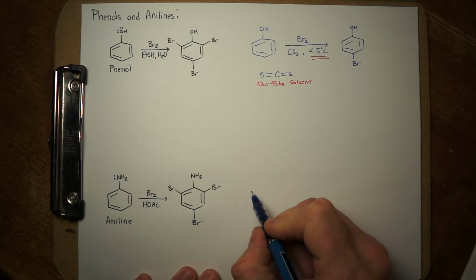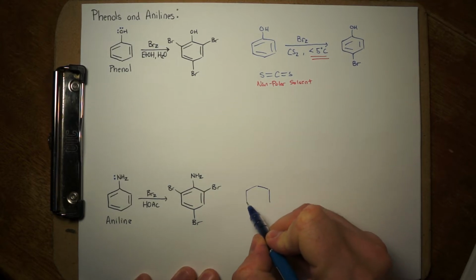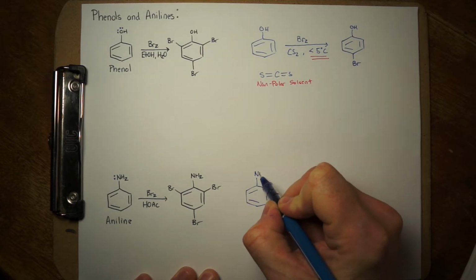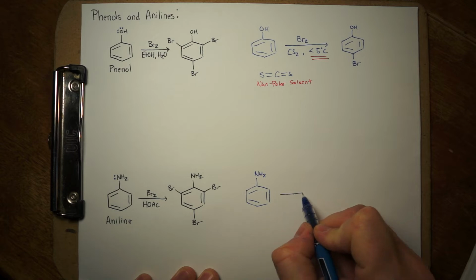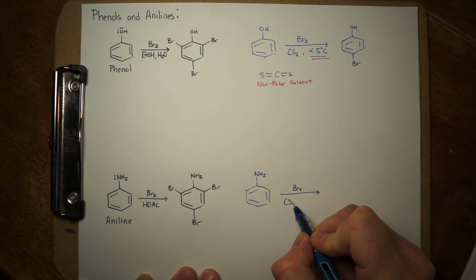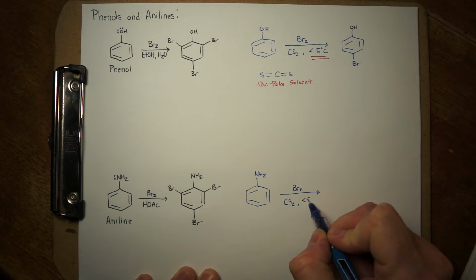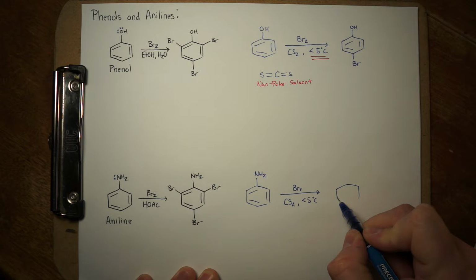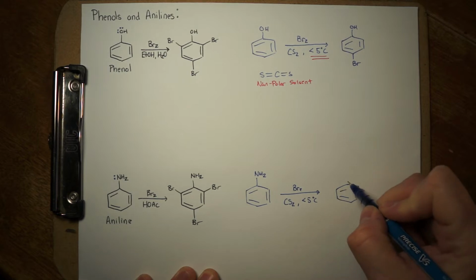All right, if we try this with aniline, same conditions, so bromine, carbon disulphide, less than 5 degrees Celsius, so cold temperatures, we still see the polybrominated aniline.